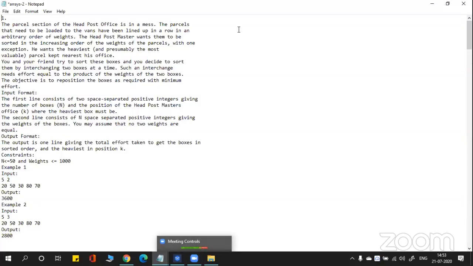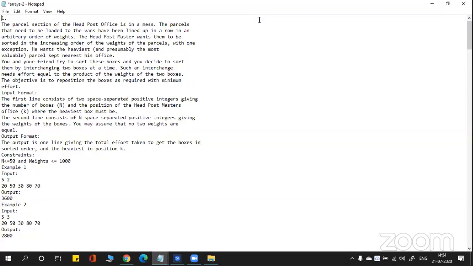Any answers? Arbitrary is nothing but random order. Arbitrary is not in a particular increasing or decreasing order. It will be in a random order. Fine, let me take the inputs first.